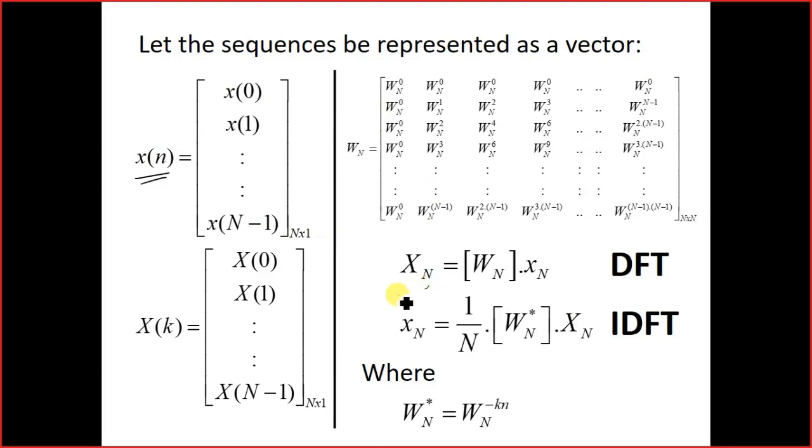If we use the matrix multiplication method, then we have X = W_N multiplied by x, that means the signal input. So we have this Twiddle factor W_N. I will come to how we can make this. It is just a simple matrix multiplication between the Twiddle factor matrix and the input signal.